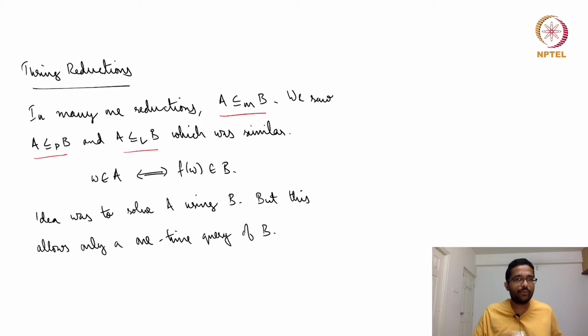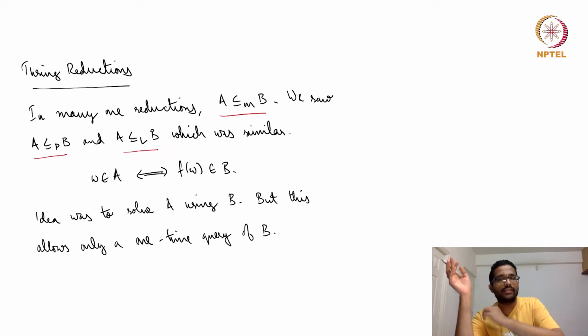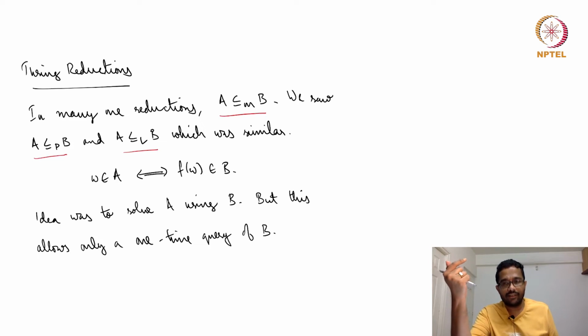So basically you convert the problem instance and then use the decider for B to decide A. So this can be viewed as asking the decider of B just once, right? So you just convert it and then ask the decider for B, is the converted instance in B or not. So basically we are getting only one query to ask the B decider.